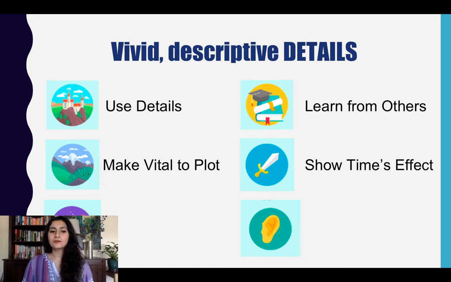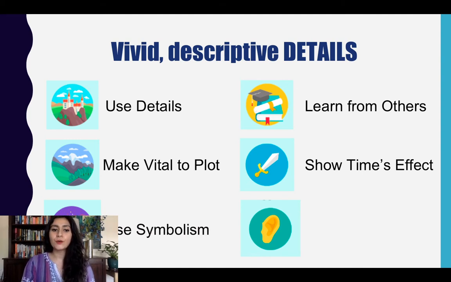So try to show how time may have affected a certain landscape or a people, and these changes might be man-made and cultural. They might also be changes that have taken place as a result of the environmental passage, the elements kind of wearing a place away. So whatever it is, you can use language to show it.